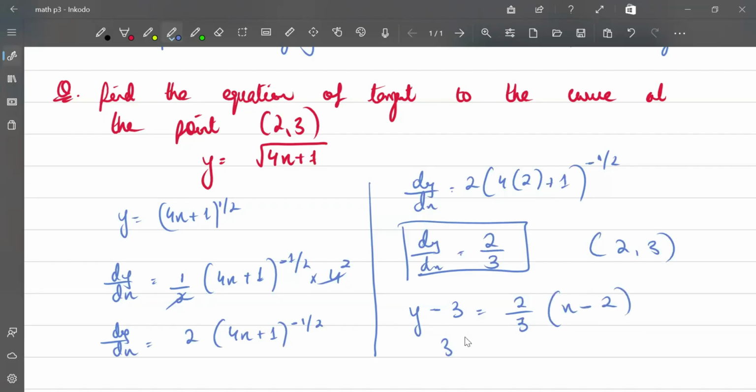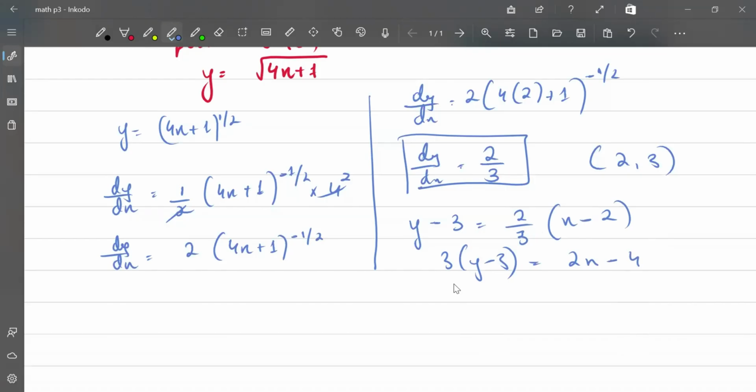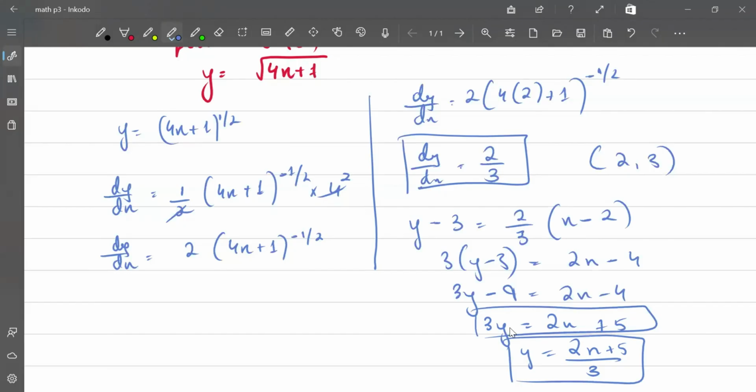So 3y minus 3 is equal to 2x minus 4, so 3y is equal to 2x plus 5. y is equal to (2x plus 5) upon 3. So this is the equation, or you could have just left it like this.